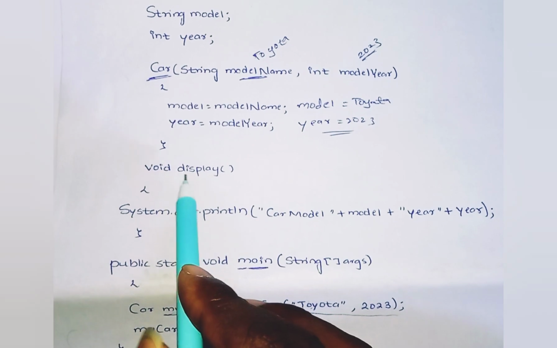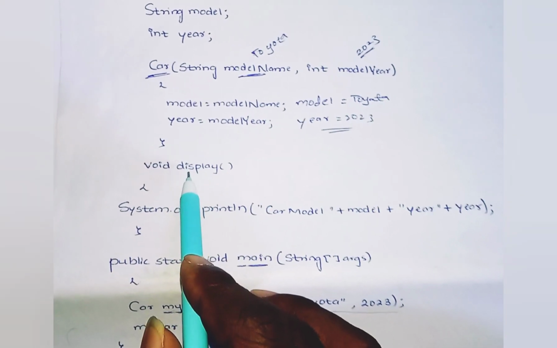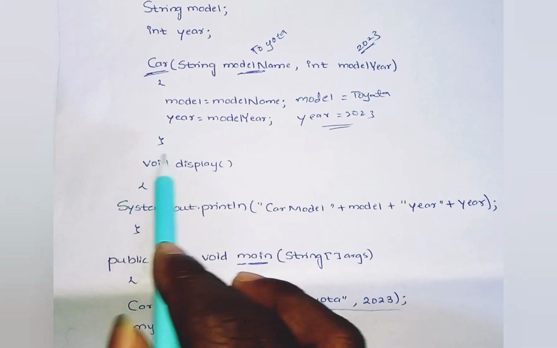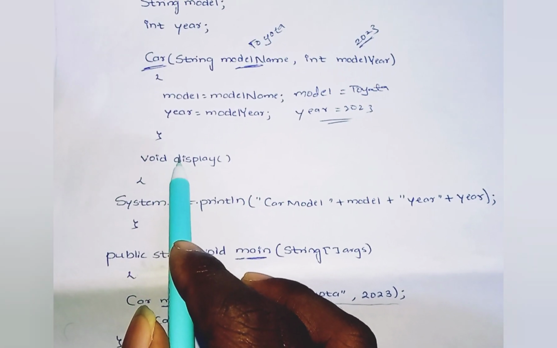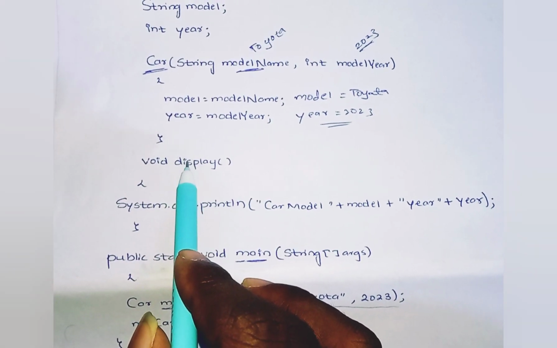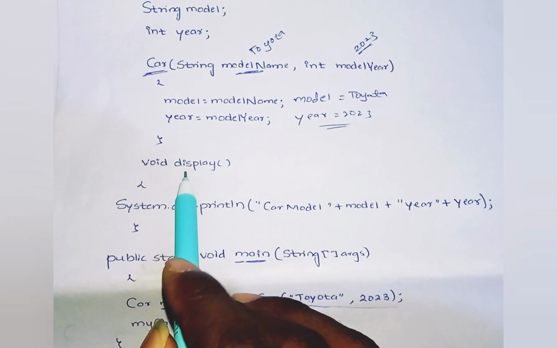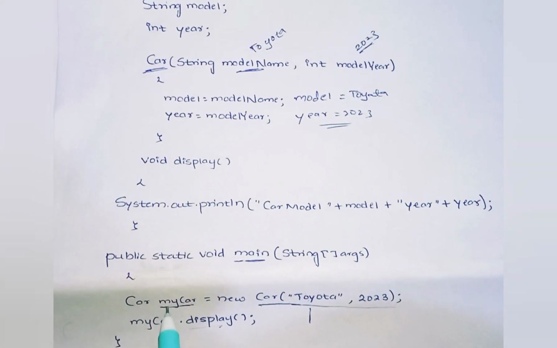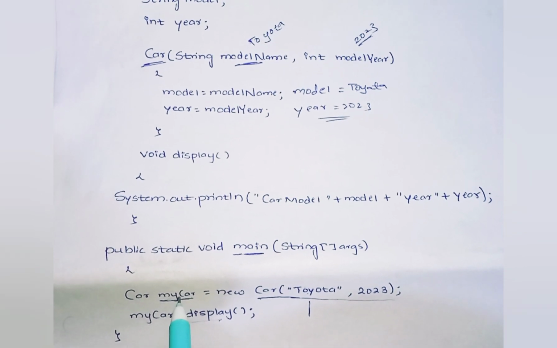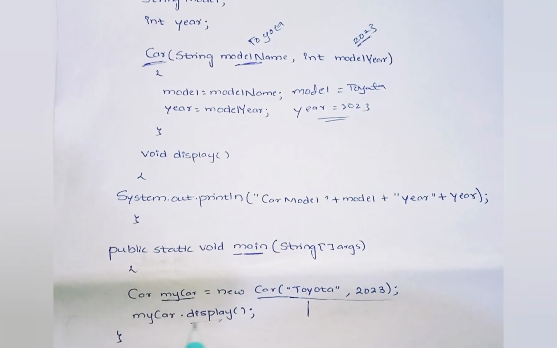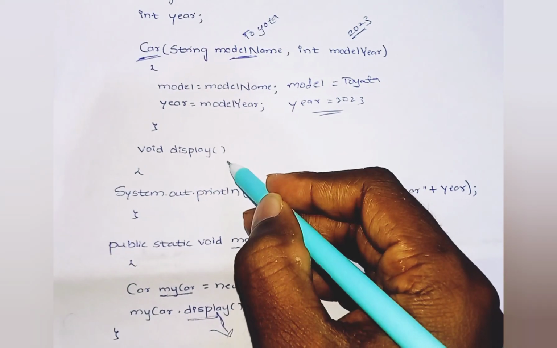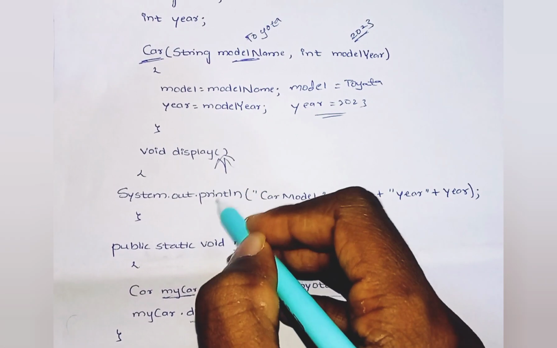You can see that display is a non-static method because we are not using the static keyword. For calling a non-static method, we need to create an object, and using the reference variable we call this method. Here myCar is the reference variable, and using that we are calling the method display. The moment you call this method, this block of code gets executed.